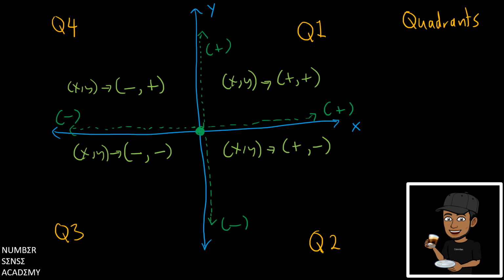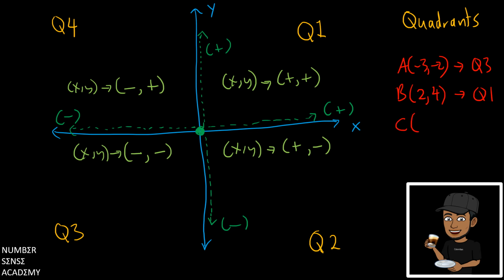So, for example, if I say here's a coordinate A and it has values -3, -2, you should be able to tell me that this is in Q3. Give you another coordinate 2 and 4. Both values are positive. This is in Q1.